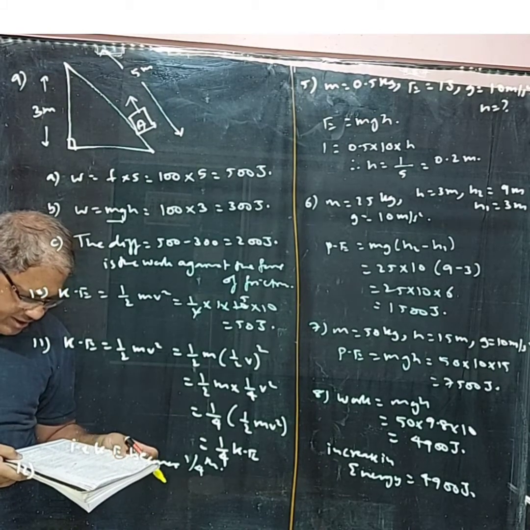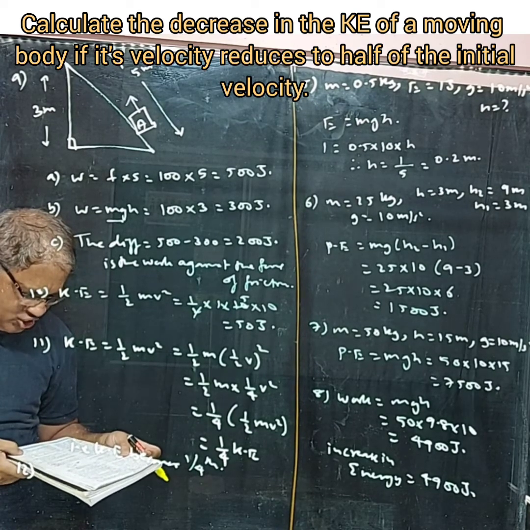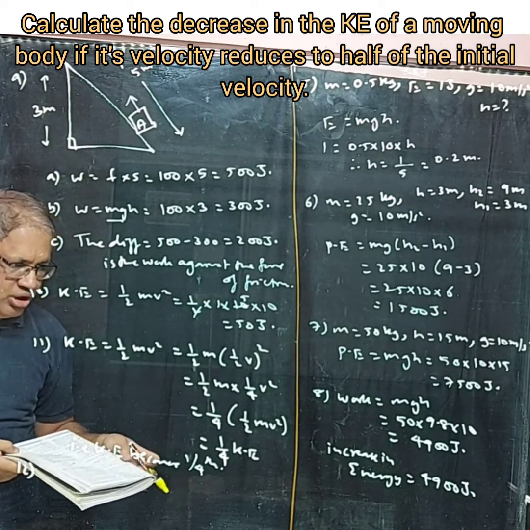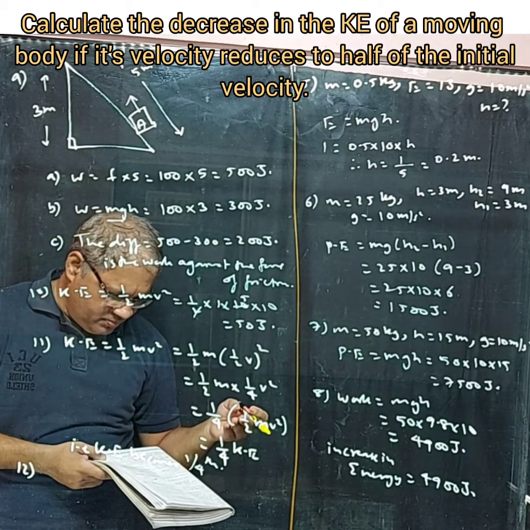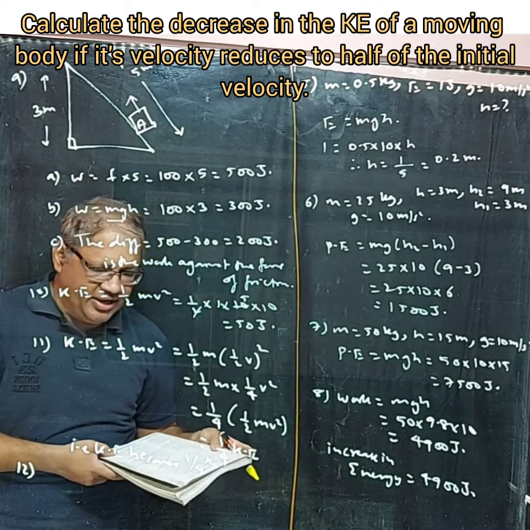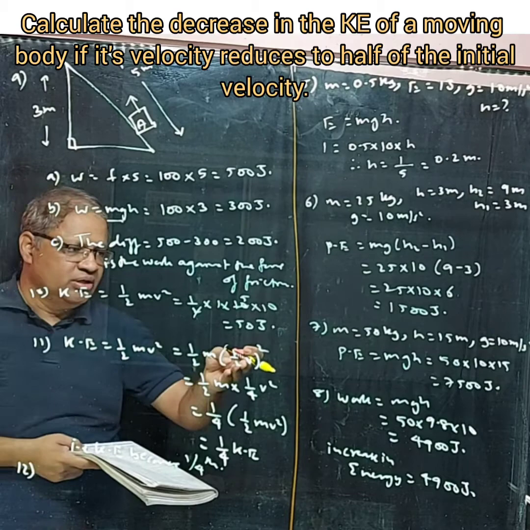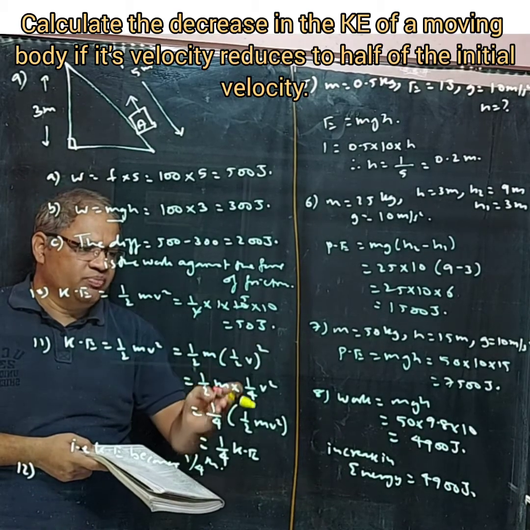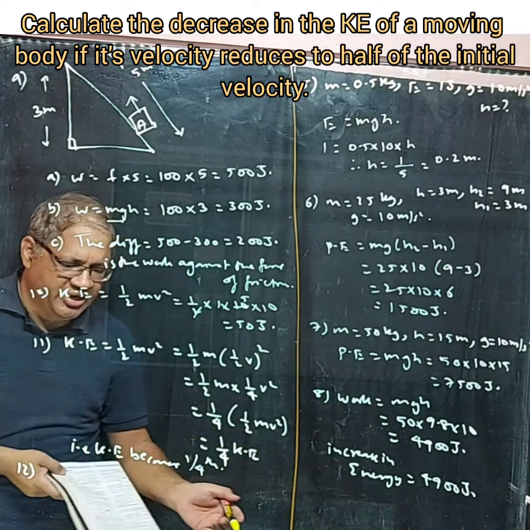Calculate the decrease in kinetic energy of a moving body if its velocity is reduced to half its initial velocity. So if the velocity is reduced by half, then what will be the decrease in kinetic energy? If the velocity reduces to half, the kinetic energy becomes 1/4. So decrease in kinetic energy will be how much?